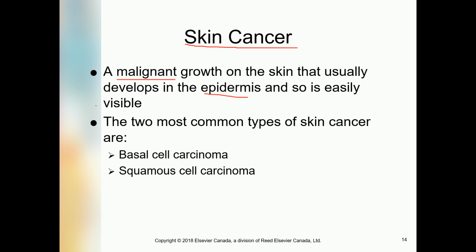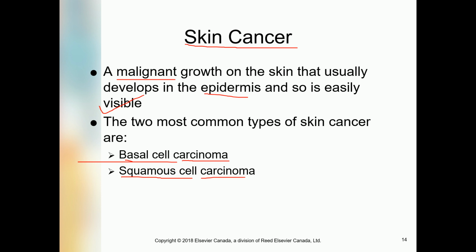We can see the different changes in the skin color and skin turgor. The flexibility of the skin is called skin turgor. The two most common types of skin cancer are basal cell carcinoma and squamous cell carcinoma.